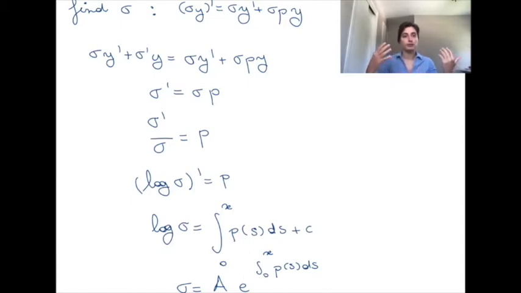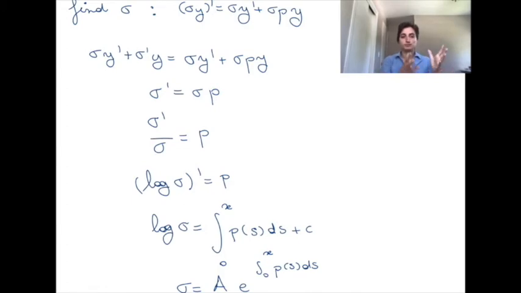We can simplify the sigma y prime on the two sides. We have sigma prime y equals sigma p y. We can simplify the y away. So we have sigma prime equals sigma p. We can divide everything by sigma. So we have sigma prime divided by sigma equals p.